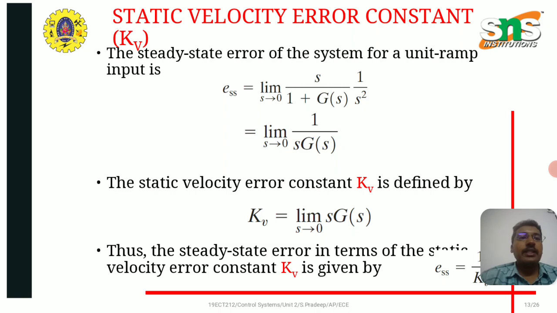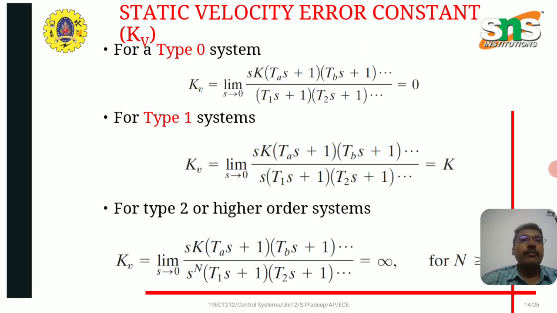Thus, the steady state error in terms of the static velocity error constant Kv is given. The static velocity error constant for type 0 system and type 1 system is given in these equations.